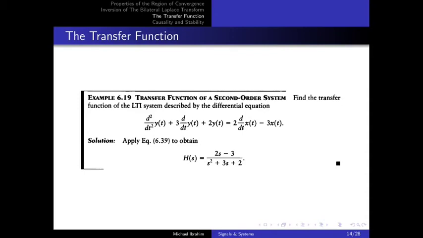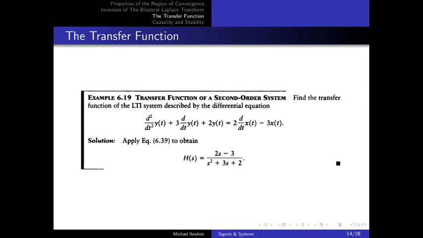An LTI system is described by this differential equation: d²/dt² y(t) + 3 d/dt y(t) + 2y(t) = 2 d/dt x(t) - 3x(t). Here we will apply the differentiation in time domain property of the Laplace transform, which says that differentiation in the time domain is equivalent to multiplying by s in the s domain.